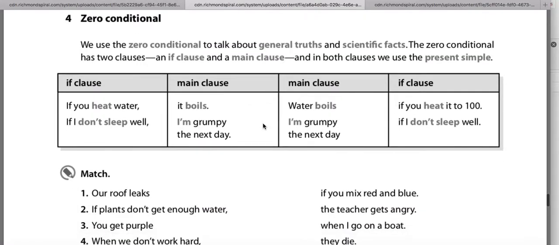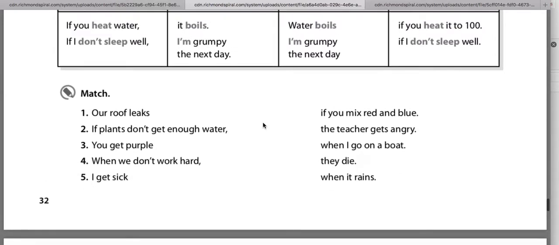Now the exercise with zero conditional, and we need to match the sentences. So we need to complete, and let's check the sentences. A roof leaks if you mix red and blue. The teacher gets angry when I go on a boat.